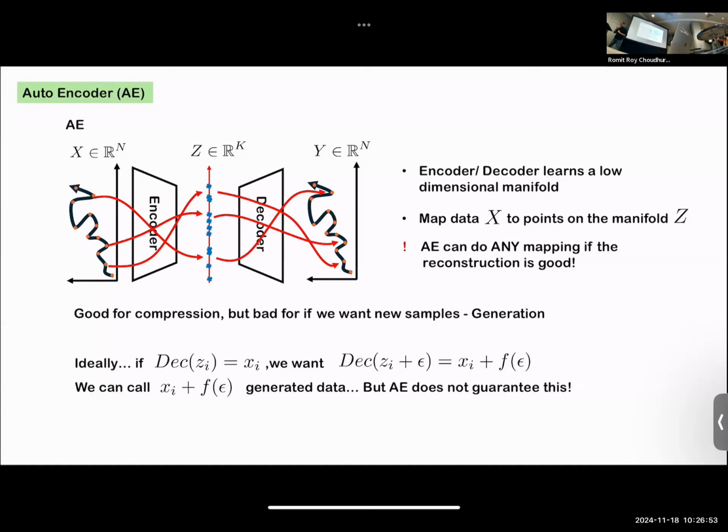The modeling part and the sampling part are not adhering to the same rules. So effectively the only restriction is that you are reconstructing.